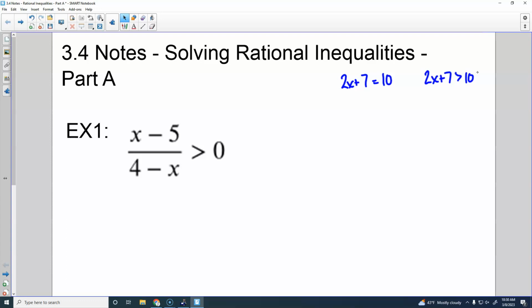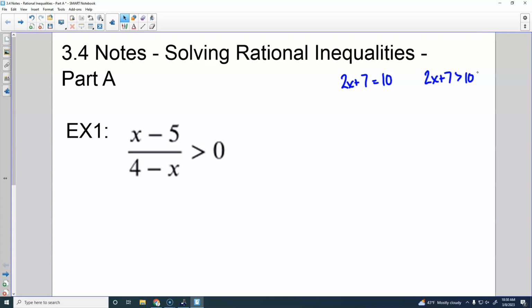For these problems, they're going to be quite a bit different because there are some things that we did when we were solving equations that you cannot do when you're solving inequalities. And the big thing is you cannot get rid of your denominator. Whenever we solved the equations, we would get common denominators and then we would just mark them out, right?